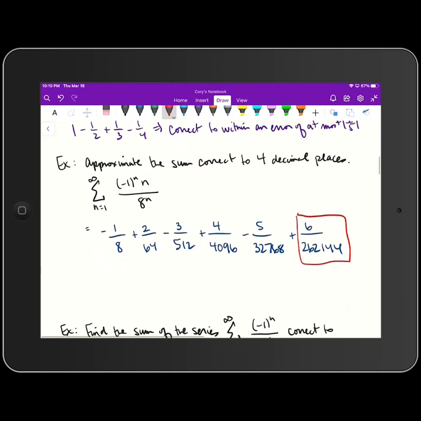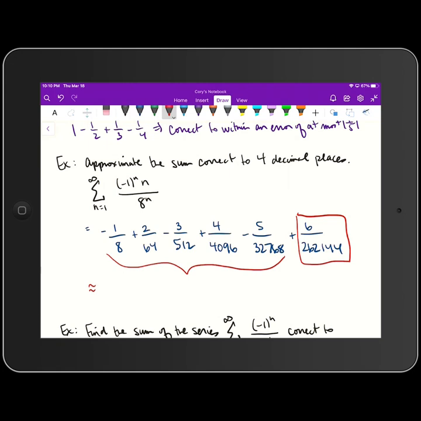So when I take the first 5 terms of the alternating series and add them together, that is going to approximate the sum correct to 4 decimal places. Again, we're using this to estimate the value of the sum.